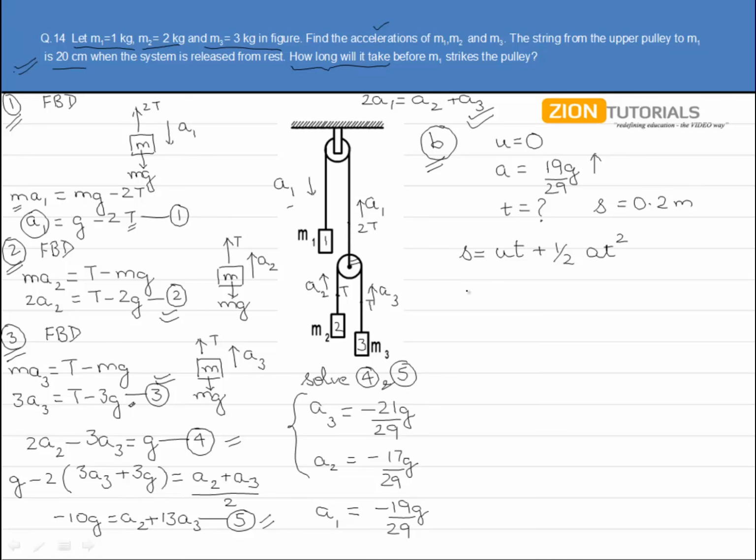Putting the values, we get 0.2 equals 0 plus half into 19g over 29 t squared, getting t equals 0.25 seconds. Note, we have taken g equals 10 meters per second squared in this equation.